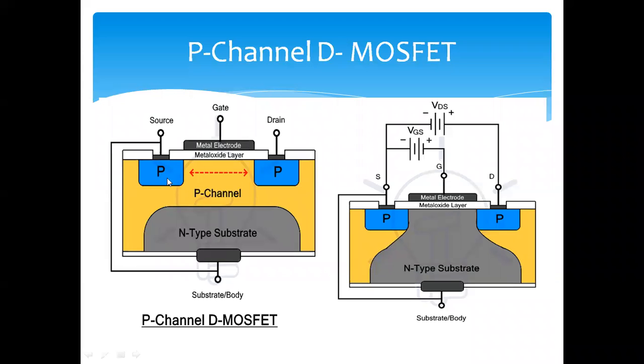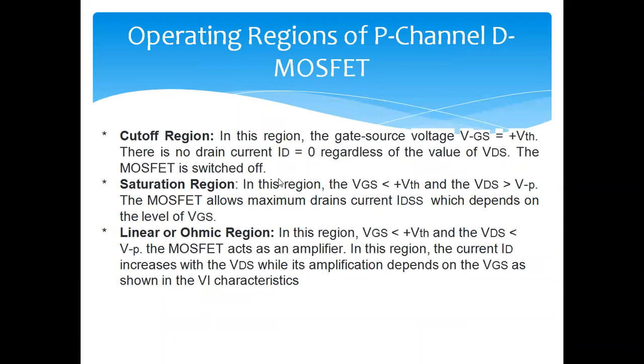In that n type substrate, we add p type impurities to form the p channel depletion MOSFET. Similarly, it also has three operating regions: cutoff, saturation and linear. Always remember, for any kind of MOSFET, whether n channel or p channel, depletion or enhancement type, there will be three regions of operation. At the bottom you have the cutoff region, the middle one is the linear.